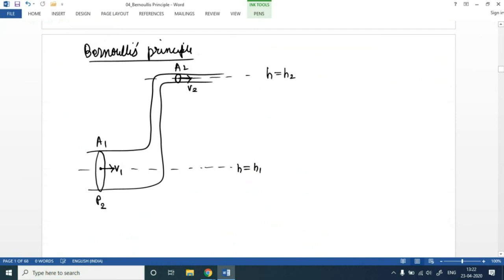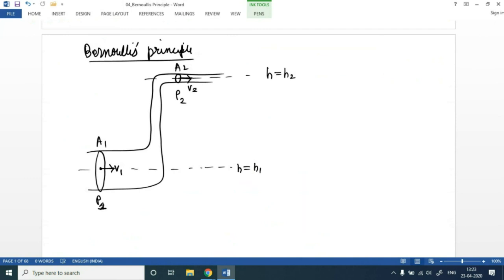Here the pressure is P1, and here the pressure is P2. So these are the flow conditions we have established: the cross-sectional area at a point, and the pressure and the height also.